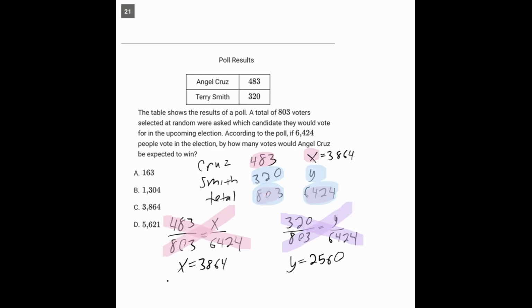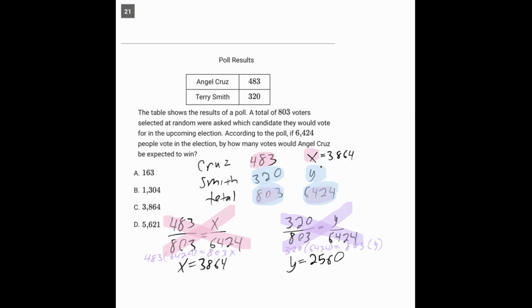Now, for people who didn't understand why we did it that way, we basically said that we were multiplying 483 times 6,424 equals 803 times X. And after you multiply out, you divide by 803. Similarly here, we were saying 320 times 6,424 equals 803 times Y. And after you multiply there, you divide by 803 as well.